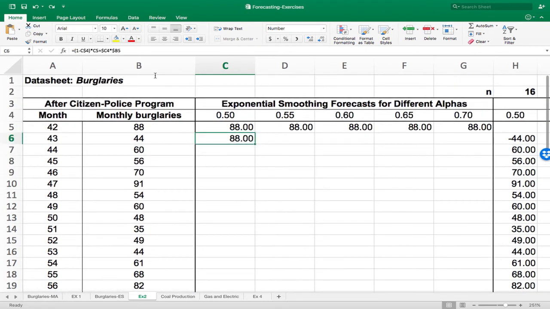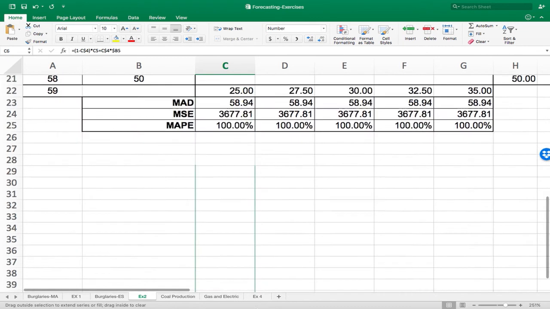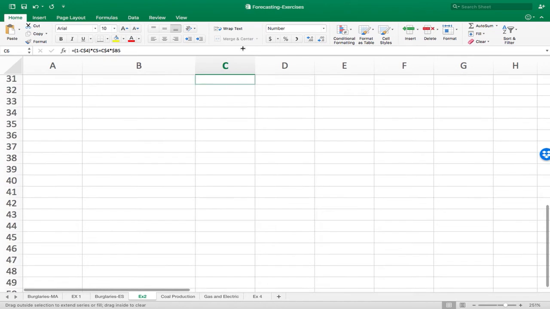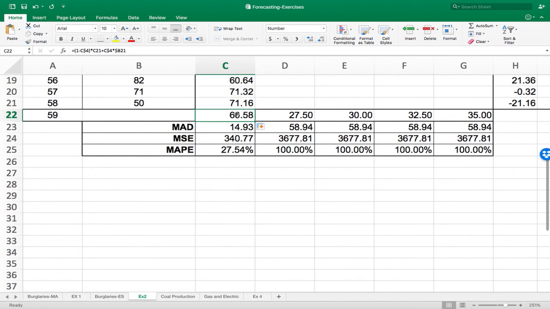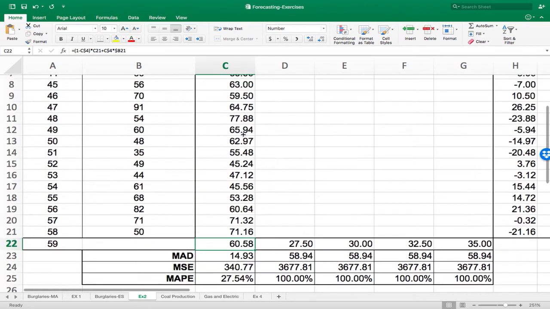Okay, so now let's go ahead and fix this error. C4 and the dollar sign goes right there. Let's manually do that. Okay, so this one is correct.